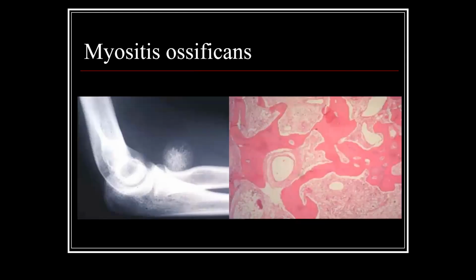So here's just a nice radiographic example. And this, I said this matures from the inside out. So you may ask, why doesn't the periphery here look more ossified than the center?